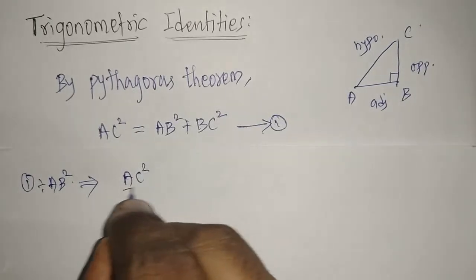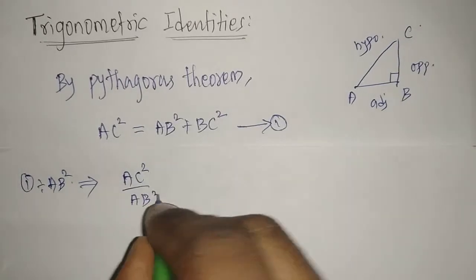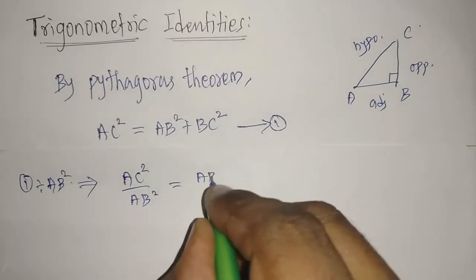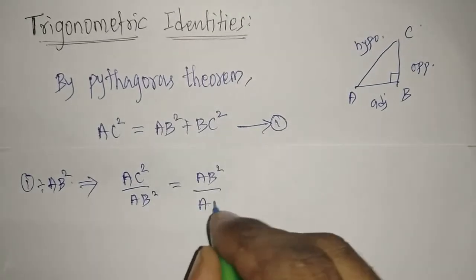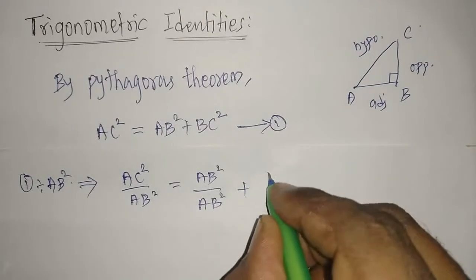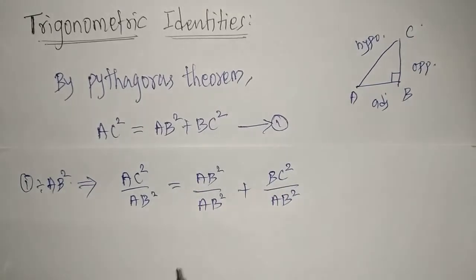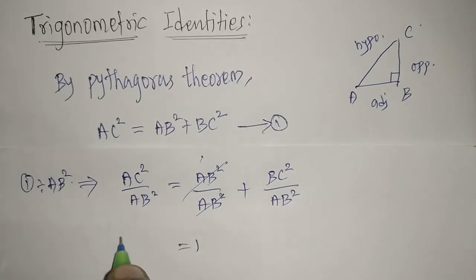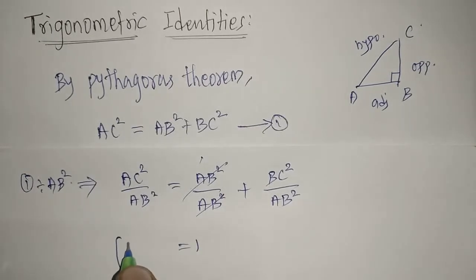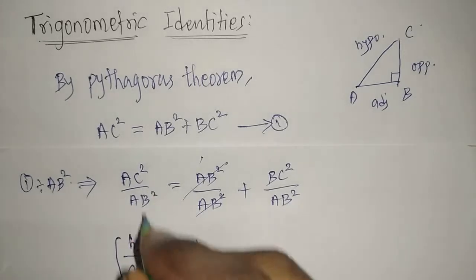So AC square divided by AB square is equal to AB square divided by AB square plus BC square divided by AB square. Now this AB square cancels, we are getting 1. And AC is the hypotenuse, and AB we know is adjacent, whole square.